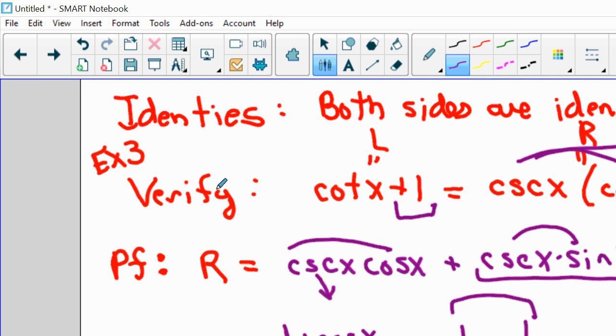But bottom line, you just push this downstairs to the denominator, it becomes a sine. And therefore, I get cotangent x plus 1, because cosine over sine x is known. Boom. I proved it. There's an identity. Pretty good proof. I'm kind of a step skipper here and there. But after about 50 of these, you'll have it down.